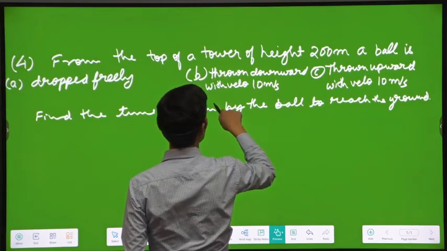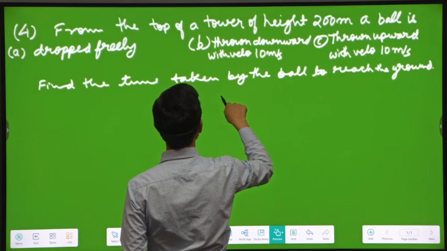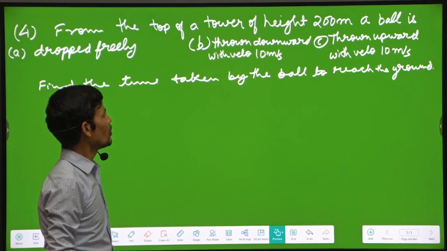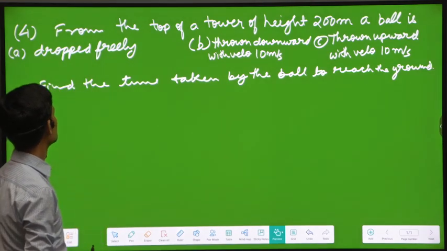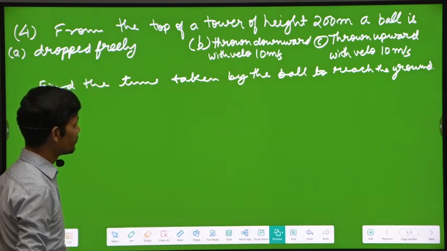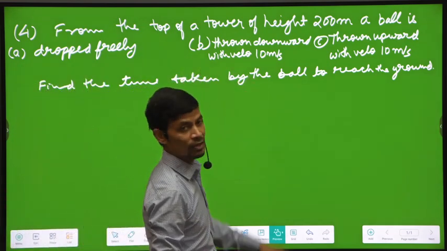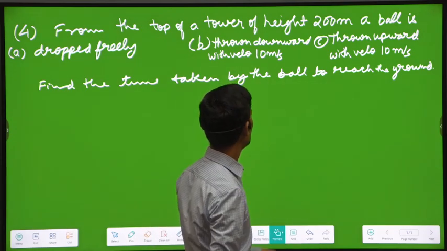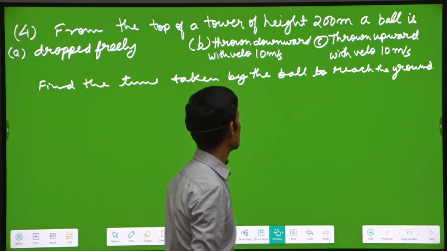Now, my favorite question. From the top of a tower of height 200 meter, a ball is dropped freely. Part 1. Part 2, dropped downward with velocity, means thrown downward, and thrown upward with velocity 10 meter per second.